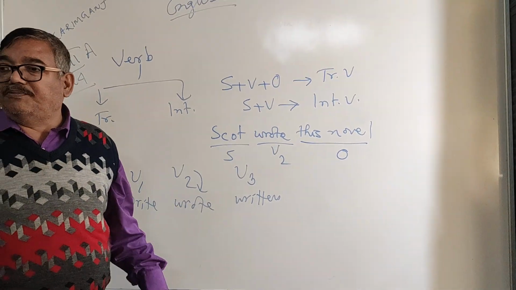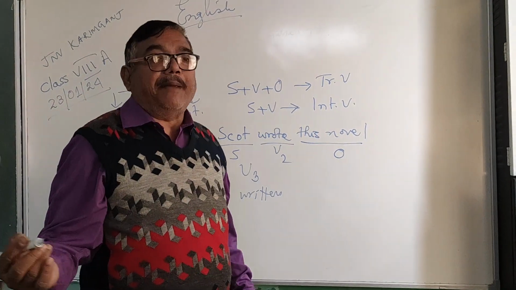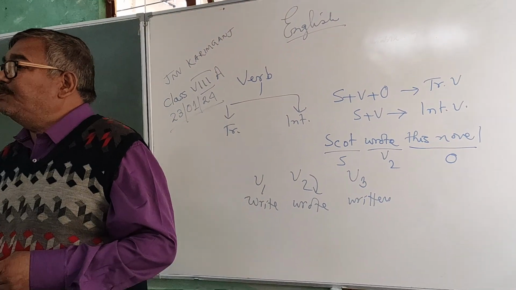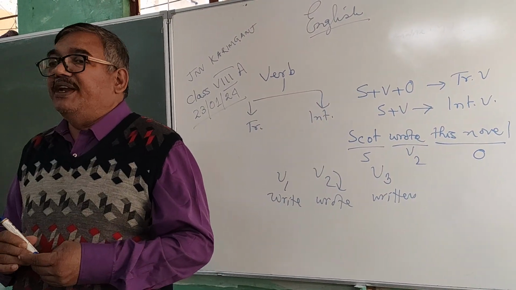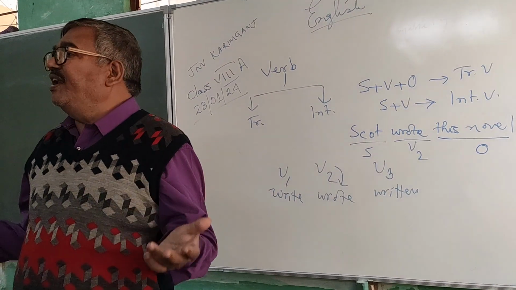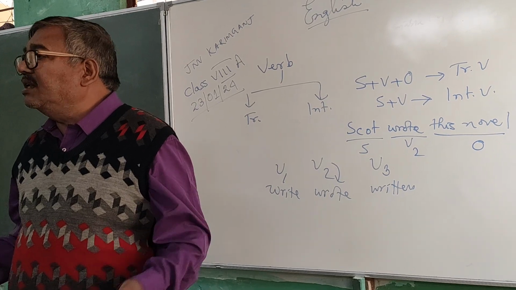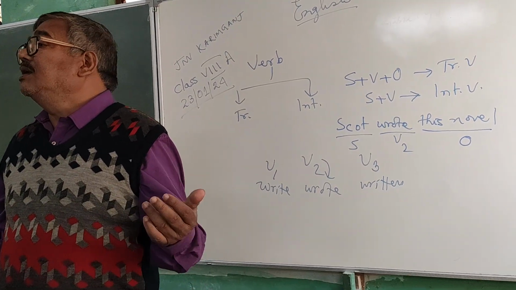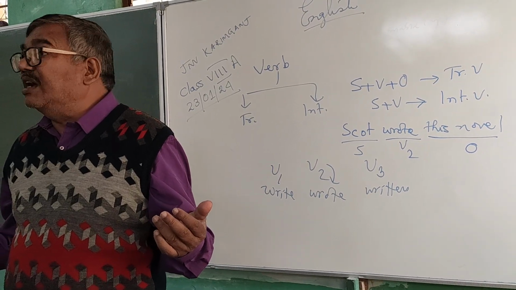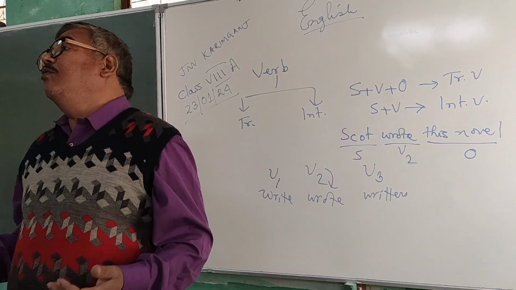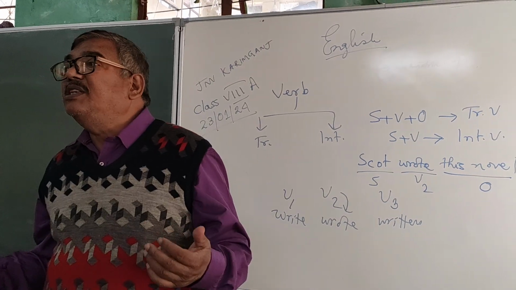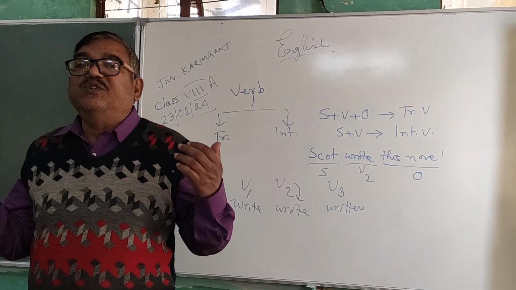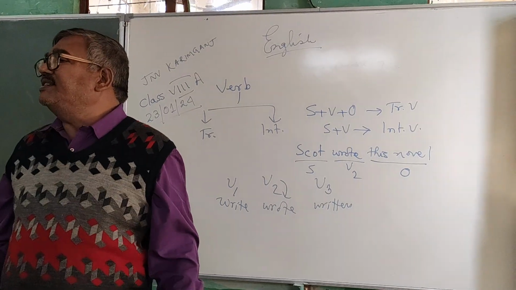This novel is the object. Or another example I can cite, say William Shakespeare wrote The Merchant of Venice. The Merchant of Venice is the name of a comedy, a drama, a play. So who wrote The Merchant of Venice? If I ask you the question, the answer will be William Shakespeare. So William Shakespeare is the subject. Now, wrote is the verb, and the verb is in which tense?